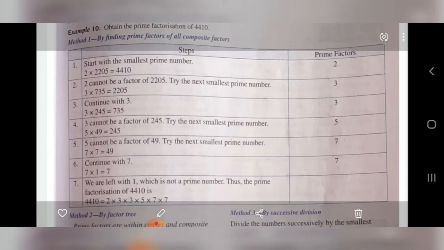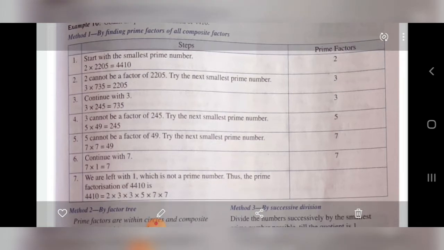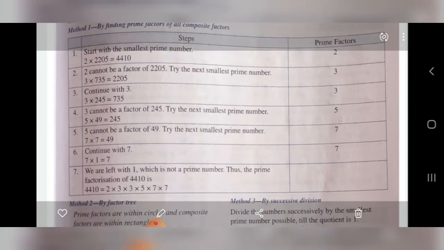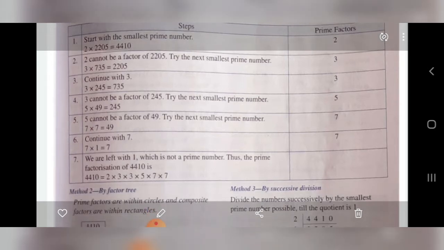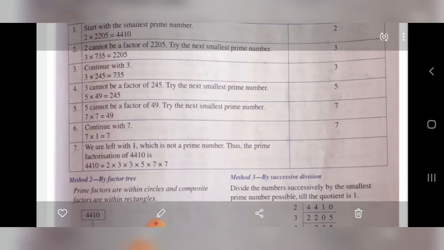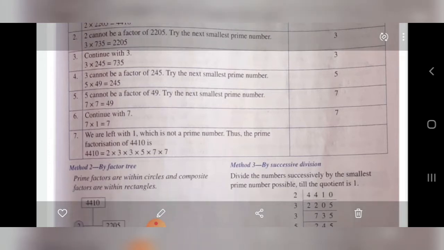Then next is 2205. You will try with the next smallest prime number, that is 3. So if you divide it with 3, you will get 735. So again you got 3. Same way you are going to go to the next prime numbers and you are going to get the prime factors. So we are left with 1.